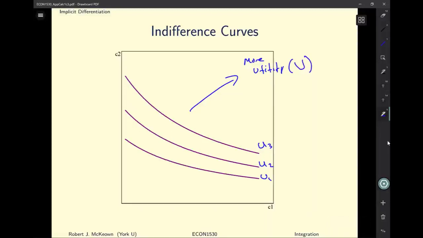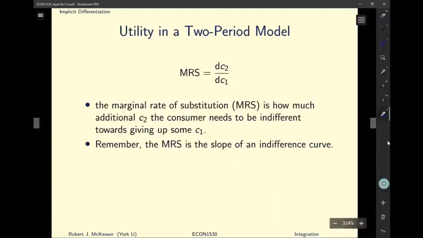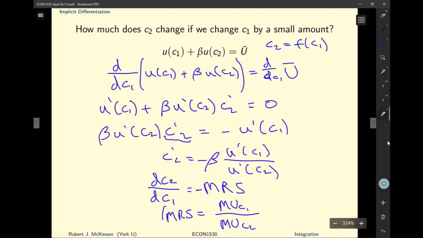And we actually found an expression for the slope of an indifference curve. This is our marginal rate of substitution here. And if we equate it to this thing here, that's like the rise over the run.